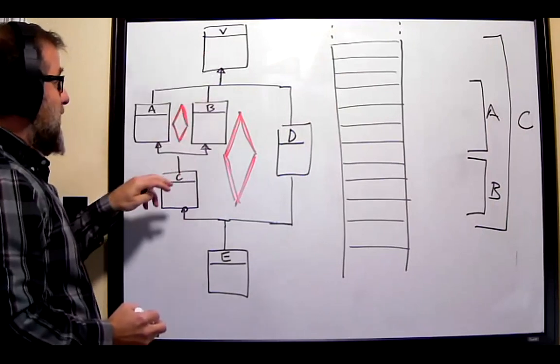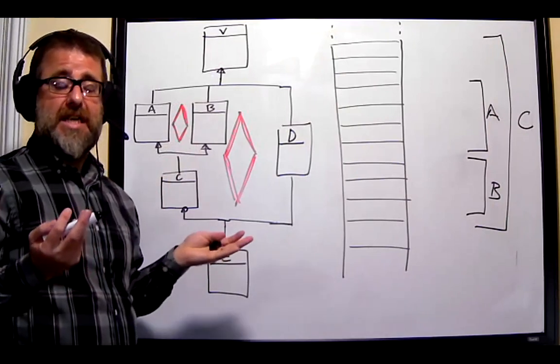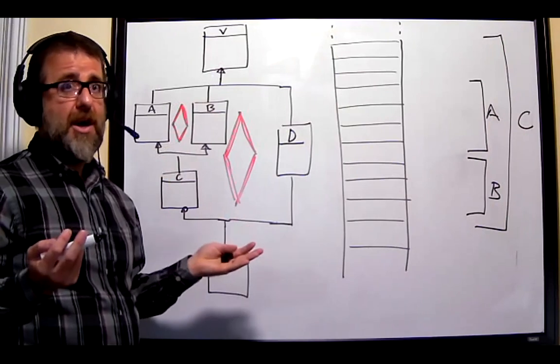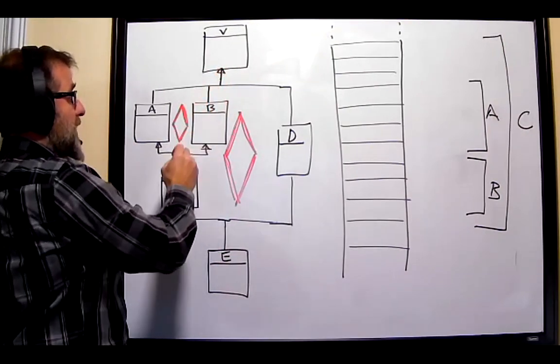The question is: to which object is this part V a part of? The answer is in the graph.